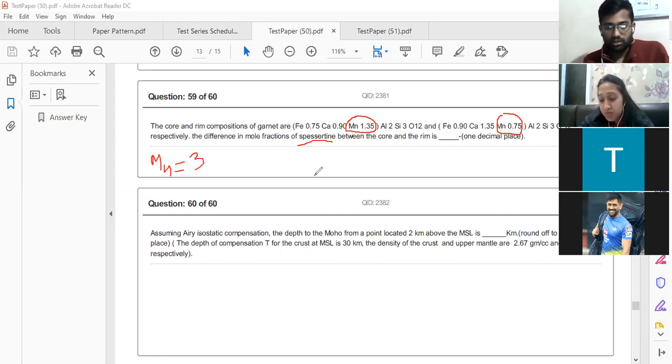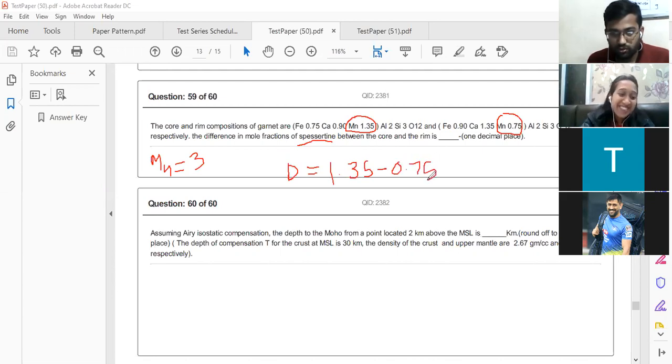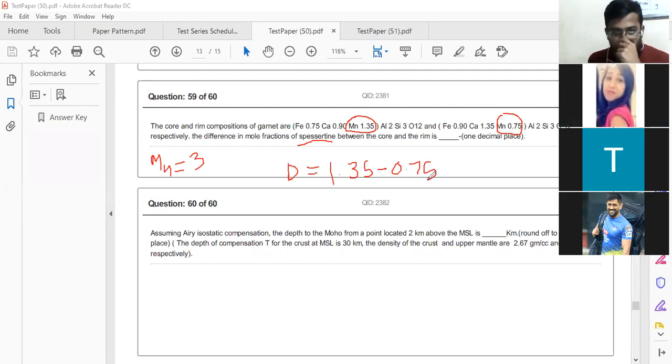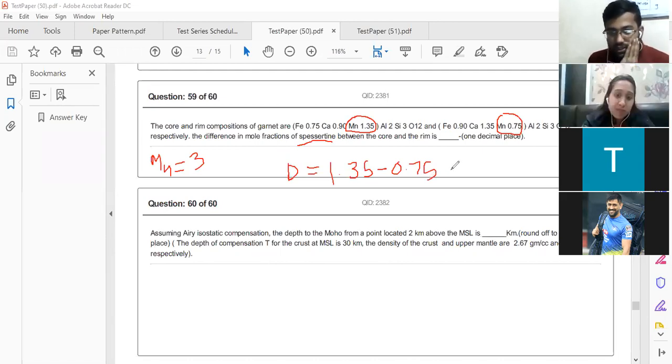Okay. And here, in the core to rim composition, you will see, calculate the difference first. So here, 1.35 minus 0.75. Okay. So you will get a difference of 0.60.